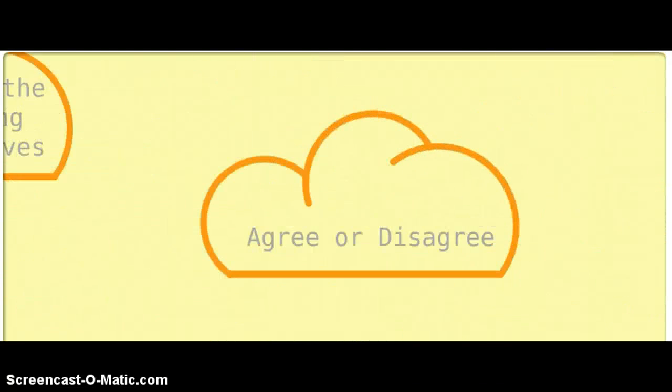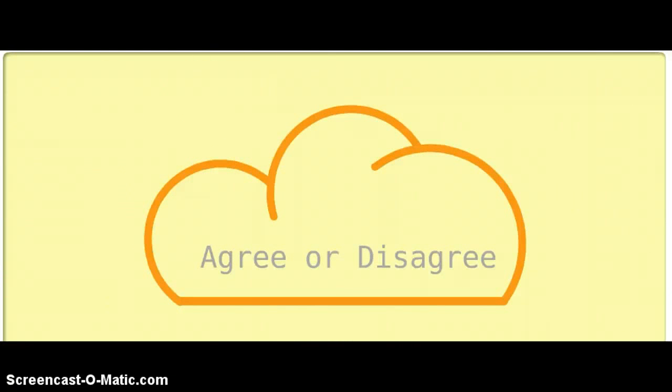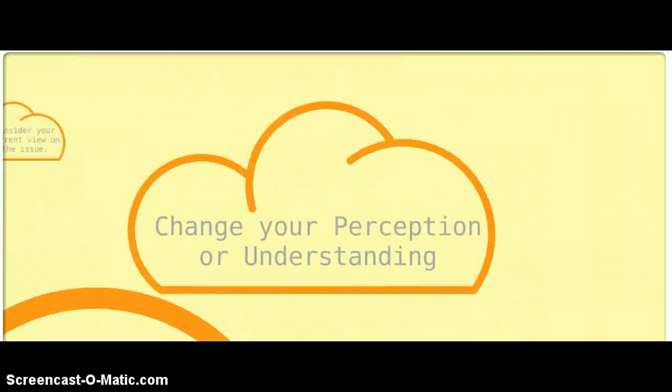Think about where you agree or disagree with each text you have analyzed. How have the texts changed your perception or understanding of the particular issue at hand? Also consider what you see or think now that you didn't see or think before reading the texts.